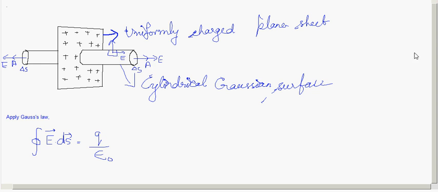You may consider this a small area ds also, and this also ds, or because we have considered the whole area, you can write it as A also, no problem. Here E and ds are perpendicular to each other.